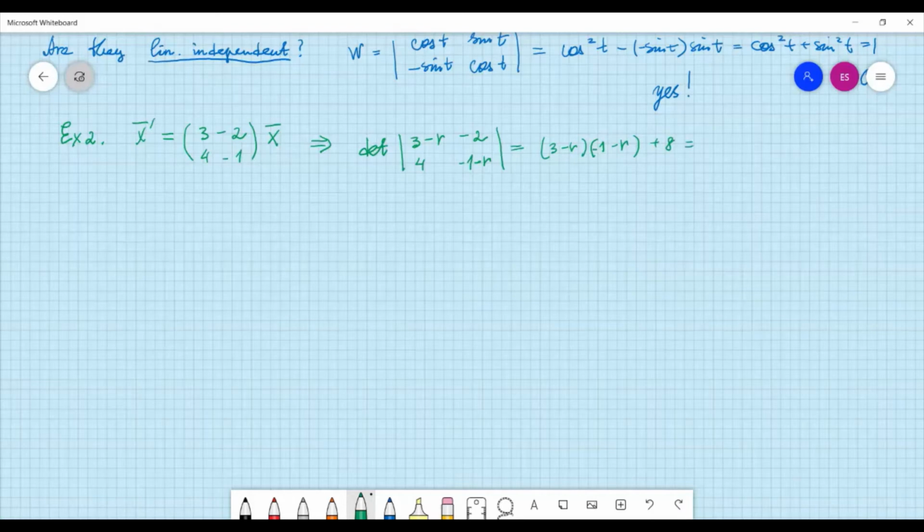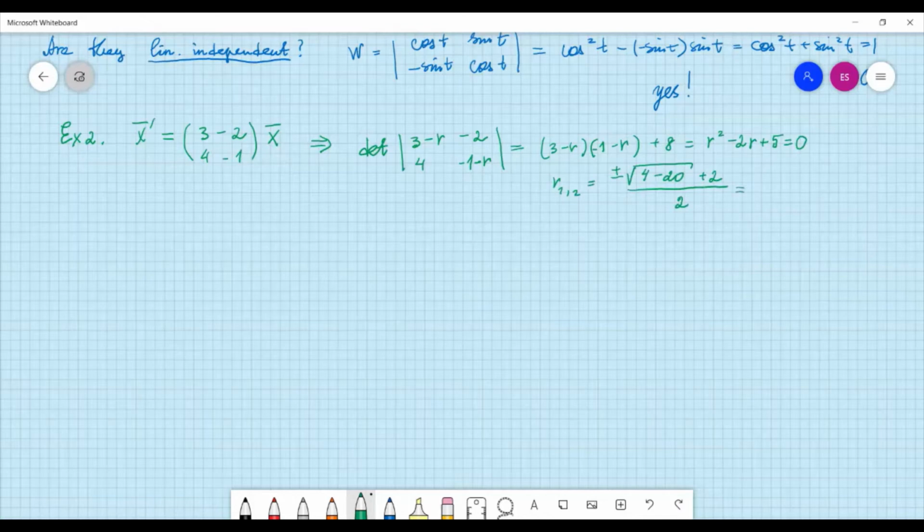And if I simplify it, I'm going to get r squared minus 2r plus 5 equals 0. I'm going to search for roots r1, r2, and they are going to be plus minus the square root of 4 minus 4 times 5, 20, plus 2, divided over 2.